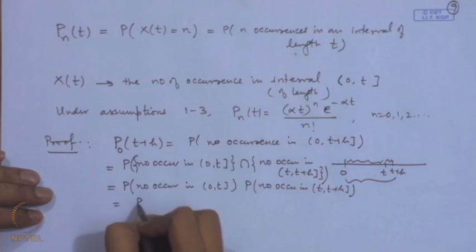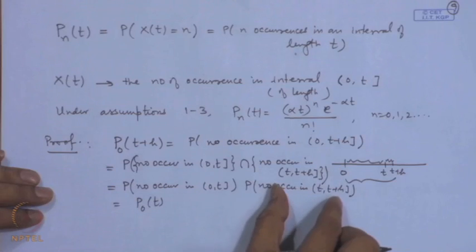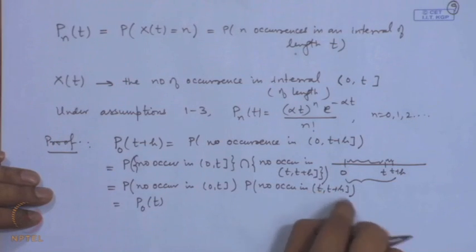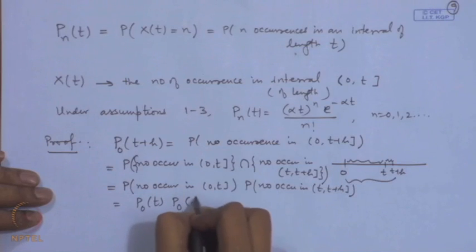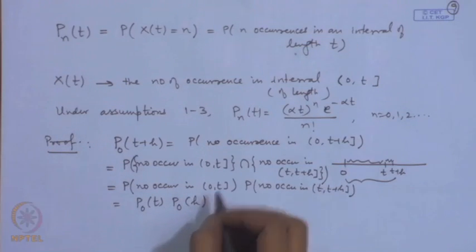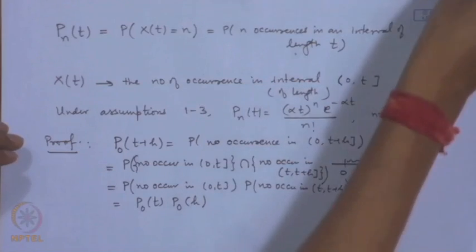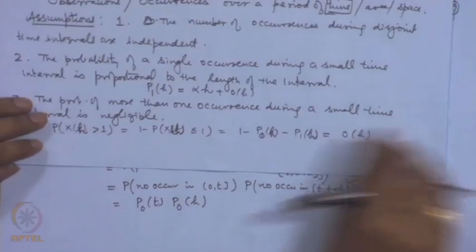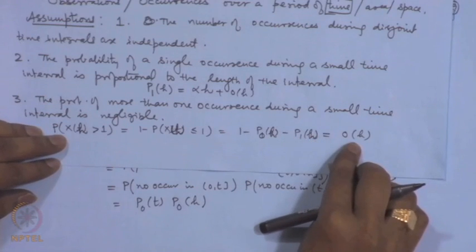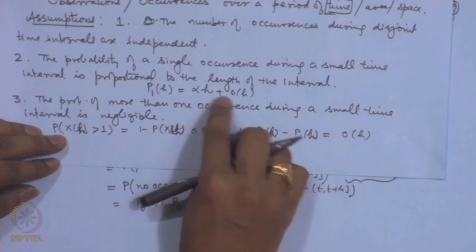Now, this is p0(t) and this is an interval of length h. The starting point may be t, but the length is h, so we can use the notation p0(h). Now, p0(h) we have an expression here: 1 minus p0(h) minus p1(h) is equal to o(h), and p1(h) is alpha h plus o(h).